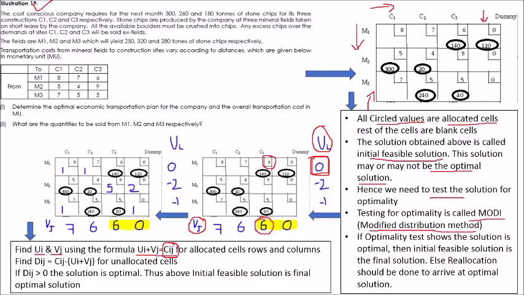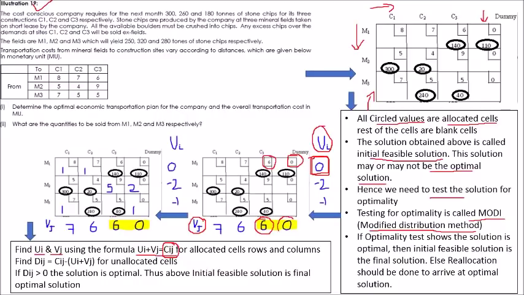So 6 is equal to Ui, which is 0, plus Vj, so Vj is equal to 6 minus 0, which is 6. Here you have Cij equal to 0, and Ui is 0, so 0 plus Vj is equal to 0, so Vj is equal to 0.